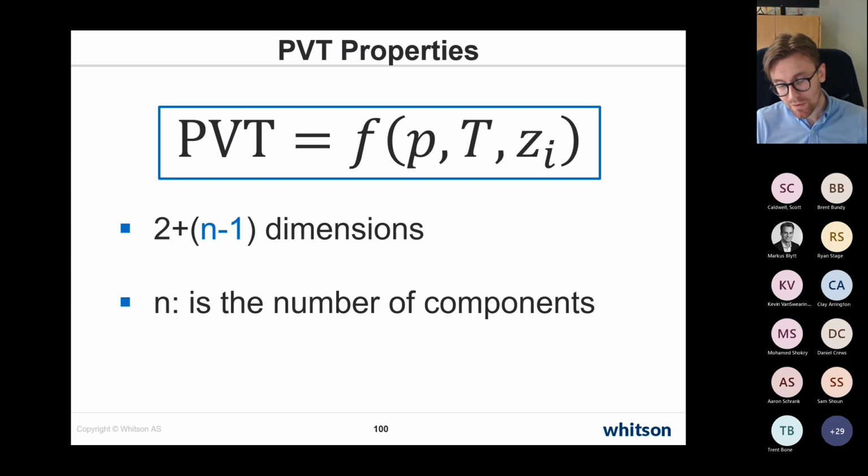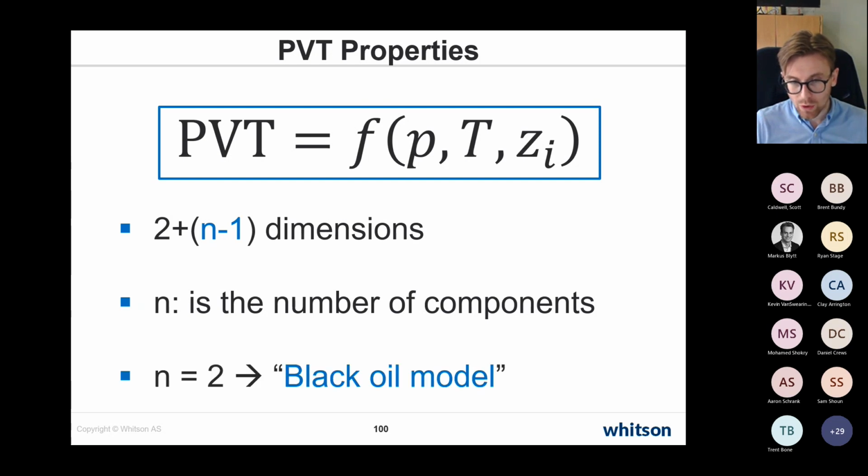However, if we simplify this into 2 components, we're actually dealing with the black oil models, and those 2 components are a surface oil and a surface gas. Okay, so that's just plugging into this formula right here. 2 plus 2 minus 1, that's 3. So that's 3 dimensions that we can work in and understand.